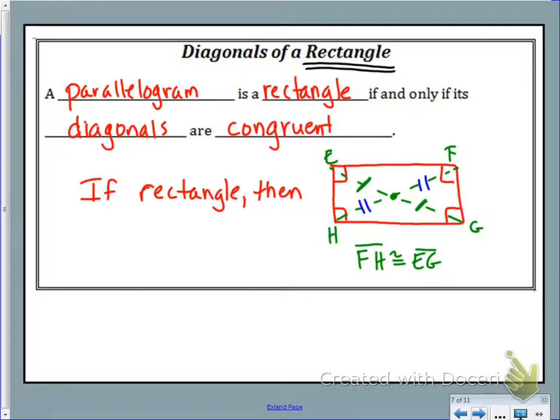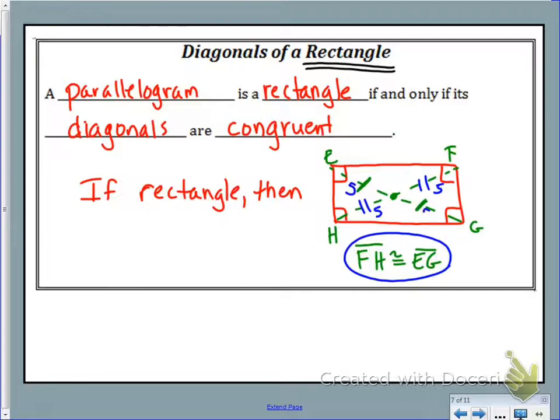But since this is not just a parallelogram, it's more specifically a rectangle, it's going to hold the traits that I just mentioned, that the diagonals are going to bisect one another. But we also know that the diagonals are congruent. So let's just say the length of HF is 10 units. If I cut that into two equal parts, each of those would be 5 units. And then if we know that this is a rectangle, since the diagonals are congruent, that would mean that EG is also 10 units.